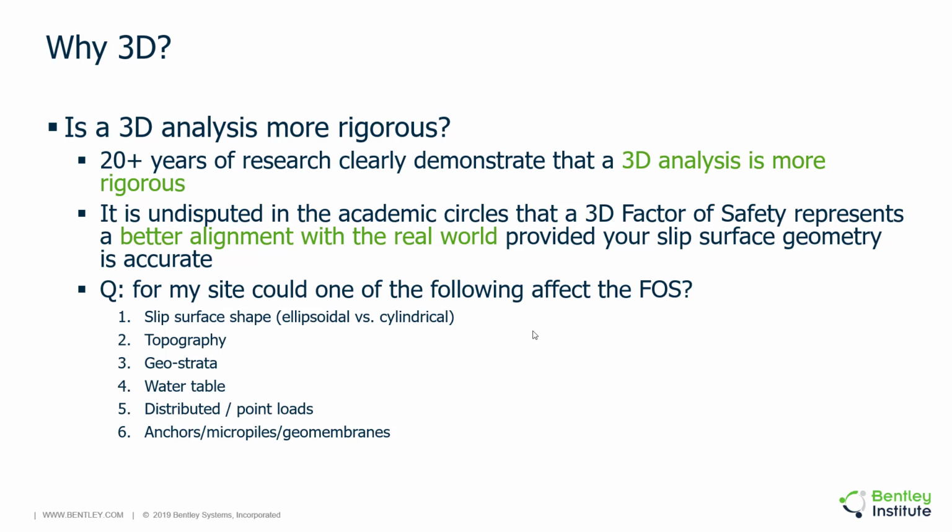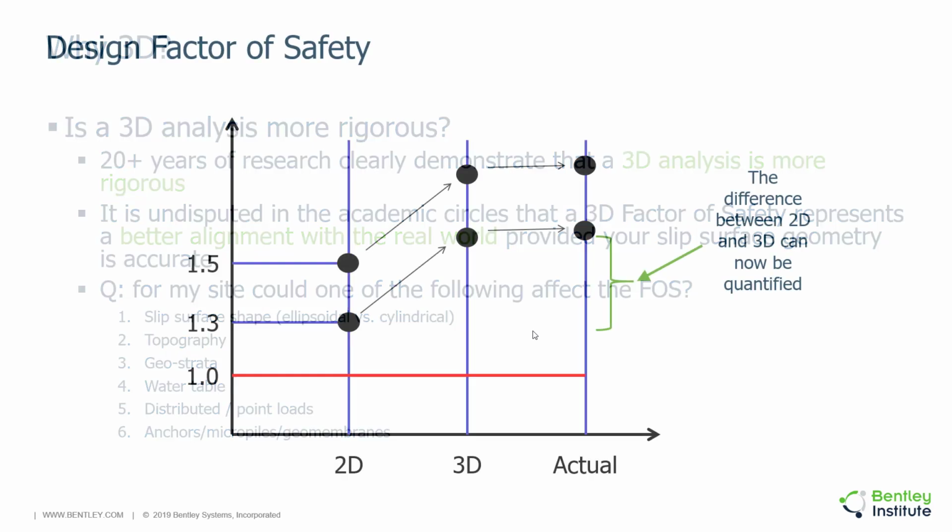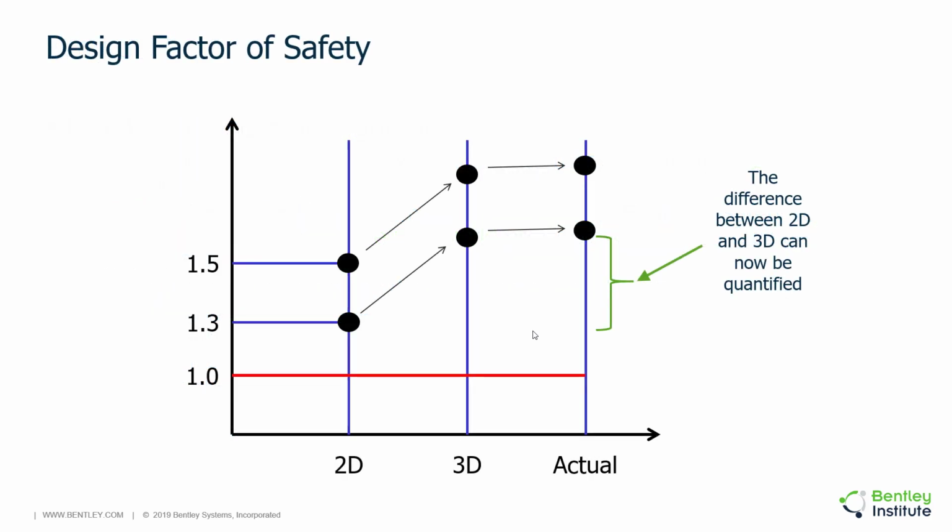And just a reminder of some of the things that can also affect your factor of safety: slip surface shape, topology, geostrata, water table, distributed point loads, and anchors. So this graph is very helpful in perhaps understanding the transition to a 3D analysis, because if we graph factor of safety on the left-hand axis, and then on the bottom axis we chart whether we're doing a 2D analysis or 3D, or we have knowledge of actual conditions, we can couch this in terms of how we are moving to 3D.